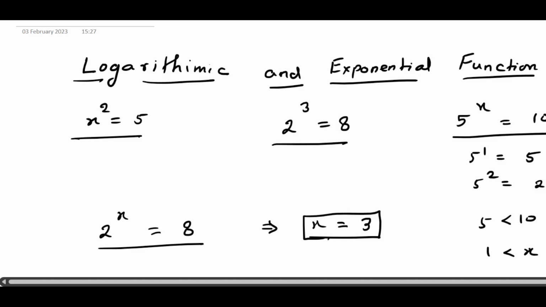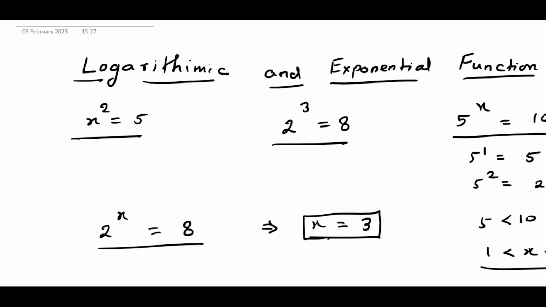Therefore the x value will lie between 1 and 2. Between 1 and 2, I will try different values and come to a closer value of x which will satisfy 5 power x is equal to 10. This is one way of working, but here we have another simple way of solving these kinds of equations, called logarithmic functions.